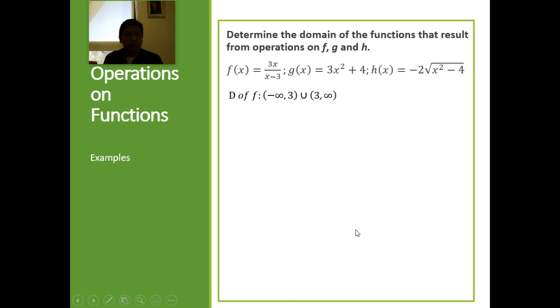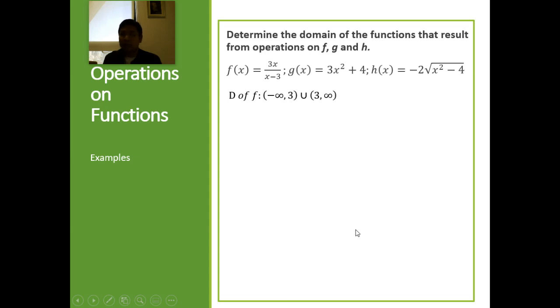So the domain of each function separately are as follows. F of x is a quotient, 3x over x minus 3, so we have to make sure that the denominator cannot be 3, so exclude 3 from the domain.